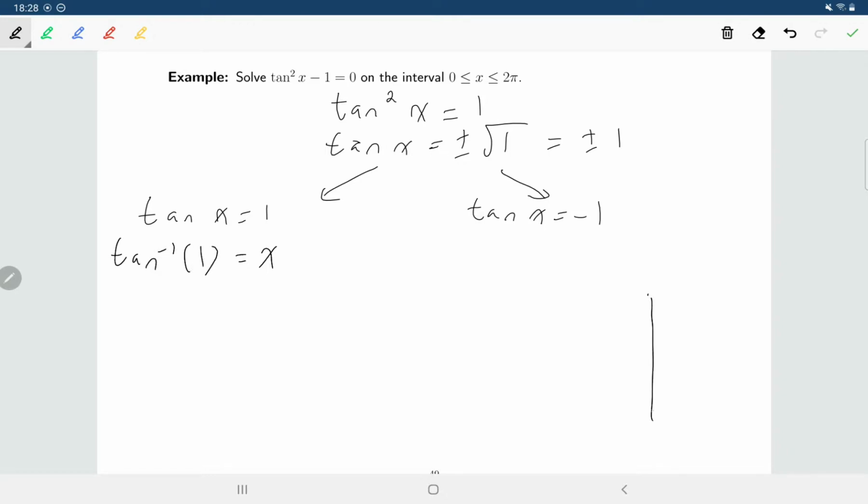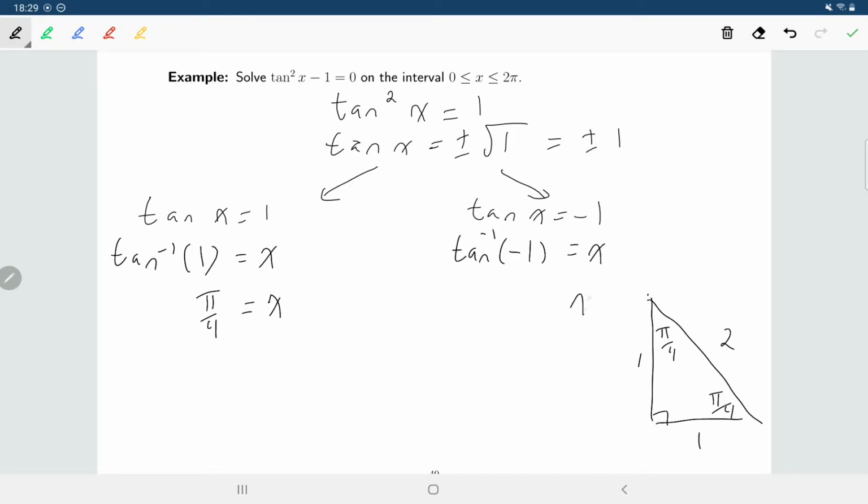And if you're thinking about your special triangle for the 45, 45, 90 triangle, pi over 4, pi over 4, pi over 2, you know that tangent of pi over 4 is 1 over 1, which is just 1. So you do find one solution using your inverse trig function, which is pi over 4. And similarly, for tangent of x being equal to -1, you come up with the solution of negative pi over 4. Tangent of negative pi over 4 is -1.